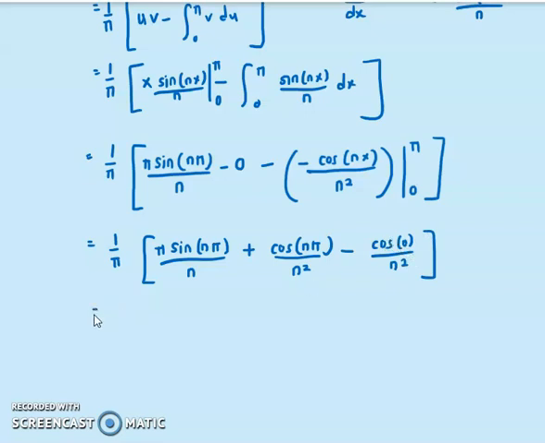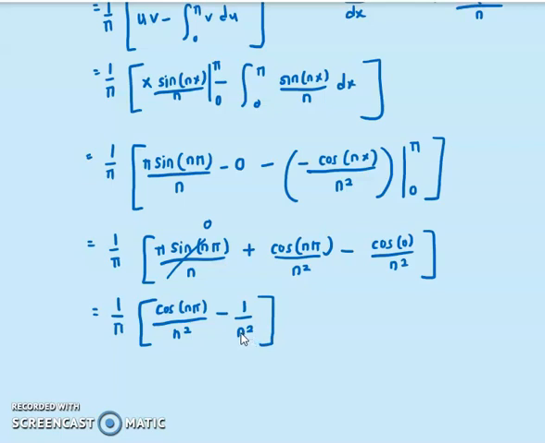Okay, so simplifying this, you can look at, for n equals 1, no matter what value of n here, sine pi is 0, sine 2 pi is 0, sine 3 pi is 0, so this whole thing is 0. Now this one on the other hand, we have cos n pi over n squared minus cos 0 is 1, over n squared.